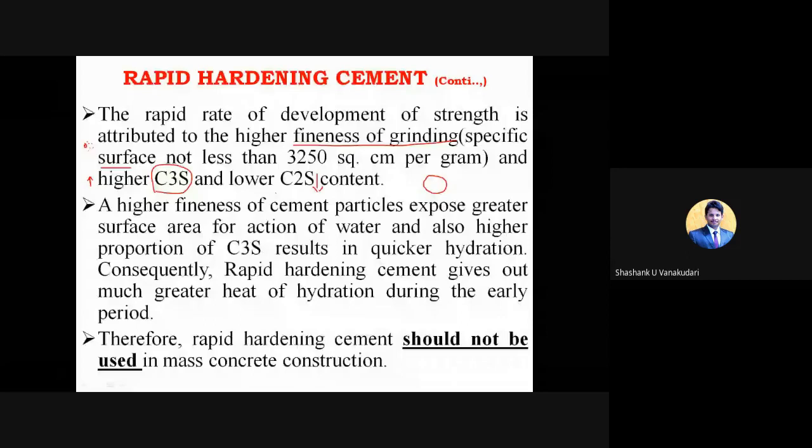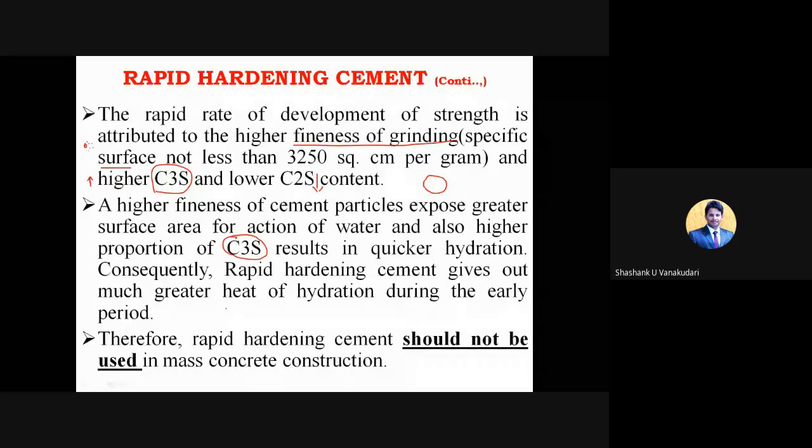The higher fineness of cement particles exposes a greater surface area for the action of water, and higher proportions of C3S result in quicker hydration. Once C3S is present in the cement, the heat of hydration occurs at an earlier time. Consequently, rapid hardening cement gives out much greater heat of hydration during the early period.